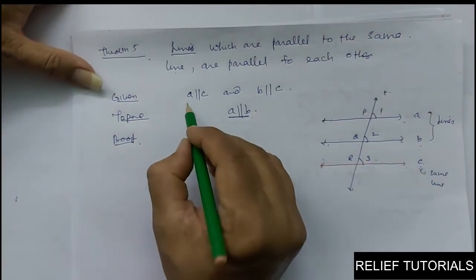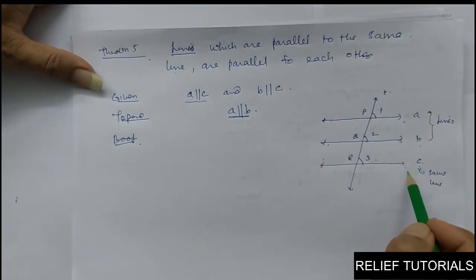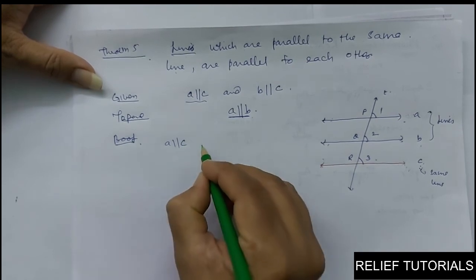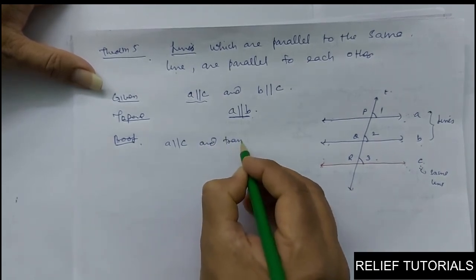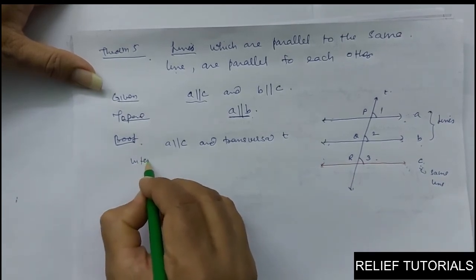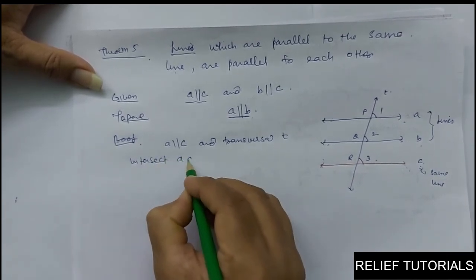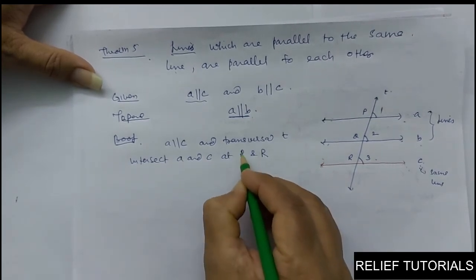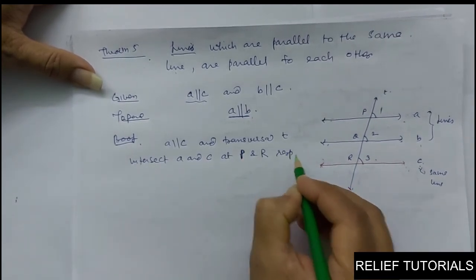Here it is given, first, A is parallel to C. A and C are parallel, and transversal T intersects A and C at P and R respectively.